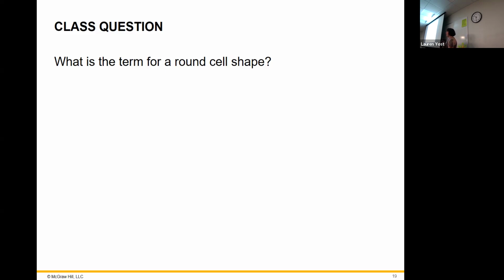Round cell shape. All right, I'm going to open it to anybody. Anybody know the answer? Okay, I saw yours first, so Fox, yes. Exactly right. What's your name? Stephanie. Okay, Stephanie. Alpha. Okay, Alpha. I'll find yours and make sure that you get the point for it. It's right. Stephanie.